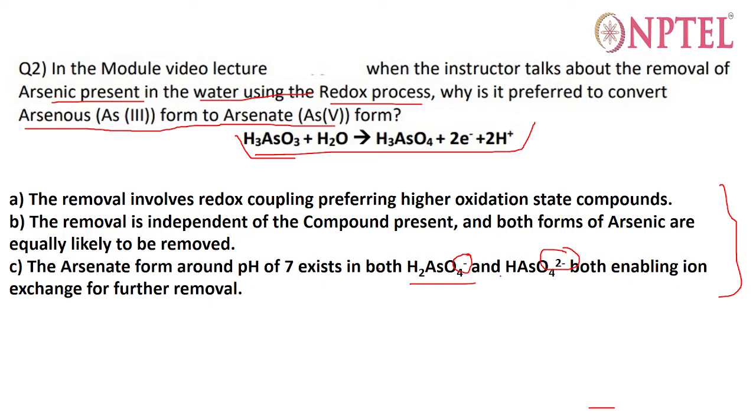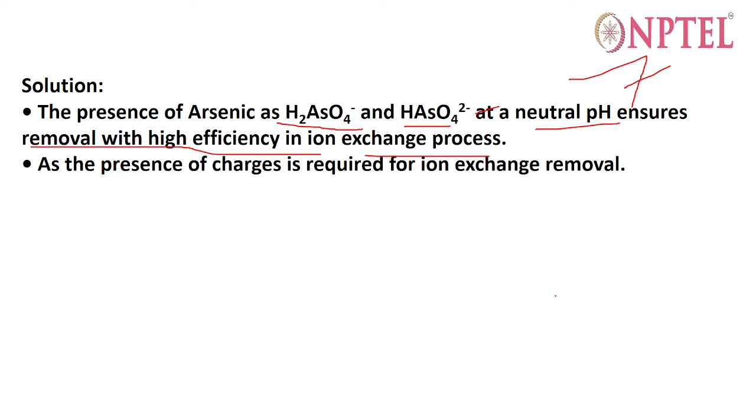So it will be easier for the ion exchange system to remove these two ions, right? Because this is in the ion state. So it will attach to the column of the ion exchange system. So that is the basic reason behind this. The presence of charges is required for ion exchange removal. If it is neutral, you cannot go for ion exchange process, right?